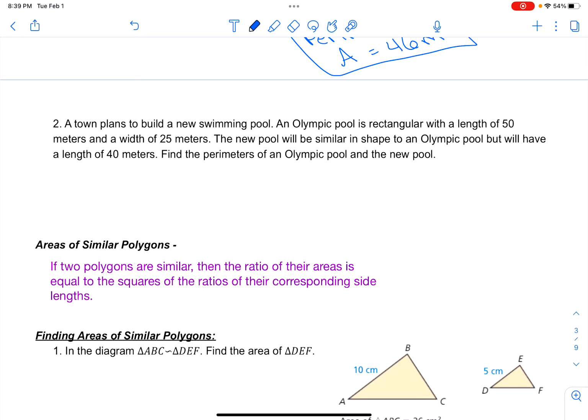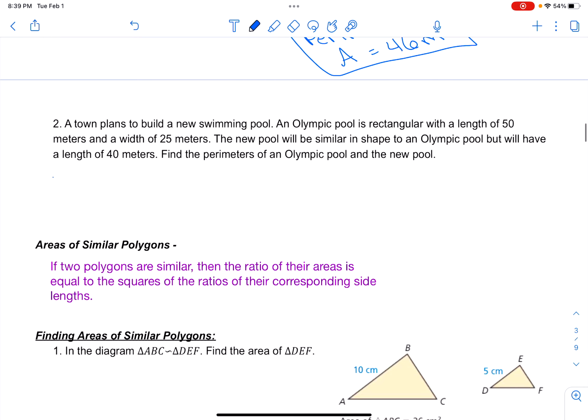So it says a town plans to build a new swimming pool. An Olympic pool is rectangular with a length of 50 meters and a width of 25 meters. The new pool will be similar in shape to the Olympic pool, but will have a length of 40 meters. Find the perimeters of an Olympic pool and the new pool.